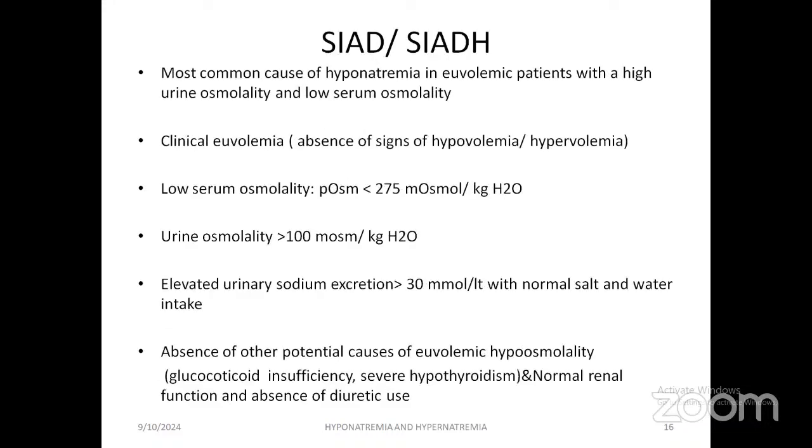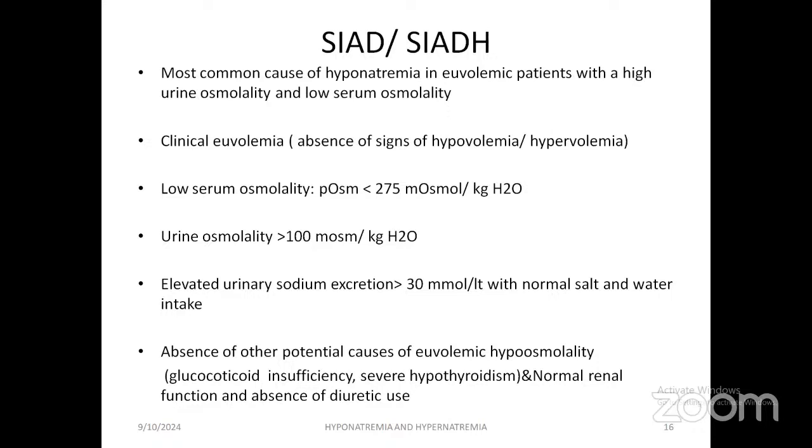Coming to syndrome of inappropriate antidiuresis, or syndrome of inappropriate antidiuretic hormone secretion, this is the most common cause of hyponatremia in euvolemic patients with a high urine osmolality and low serum osmolality.